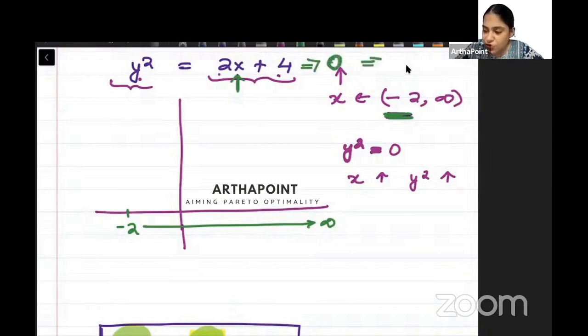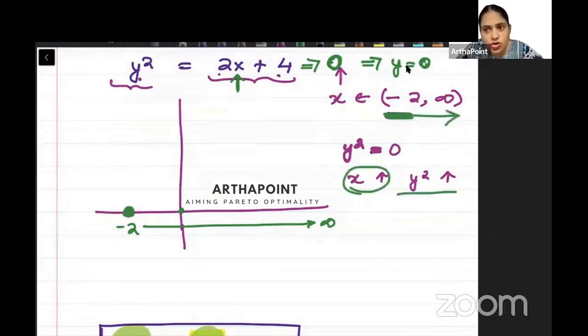When y square is 0, it means y is also 0. So y is taking the value 0 when x is -2. That means this is a point. Then x is increasing, taking values above that, so y will also take values above its current value. Is this making sense? Okay.